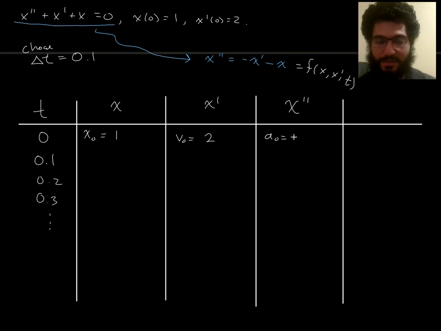So this is f of x naught, v naught, and t, where we're plugging in 0. So that's a naught. Then how do we figure out the next row here? So this is all initial data.